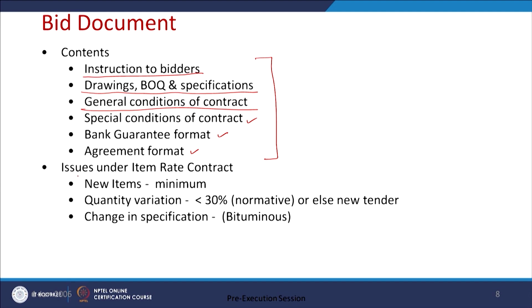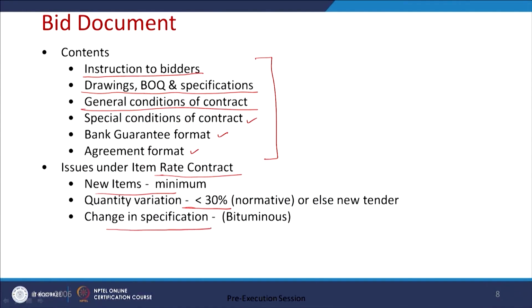Then under the rate contract, there could be items from minimum to maximum quantity variation: if the quantity varies beyond a certain amount, what kind of changes in the rate there will be. Then for a road, a change of specification, say bituminous to another, that customization of specification will be there in the rate contract bid document.